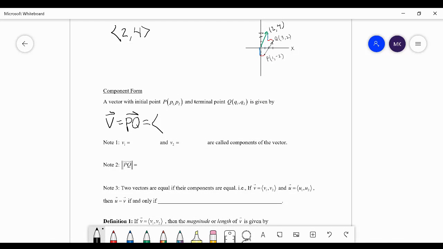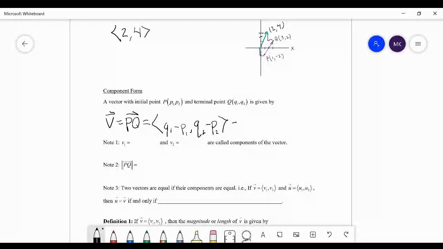So the x value of it is Q1 minus P1. So it's kind of what we did up here, right? P1 would have been our x value here. So we had to take 1 away. So we took 1 away from the Q1, or 3, to get us 2. And then the other component is Q2 minus P2.